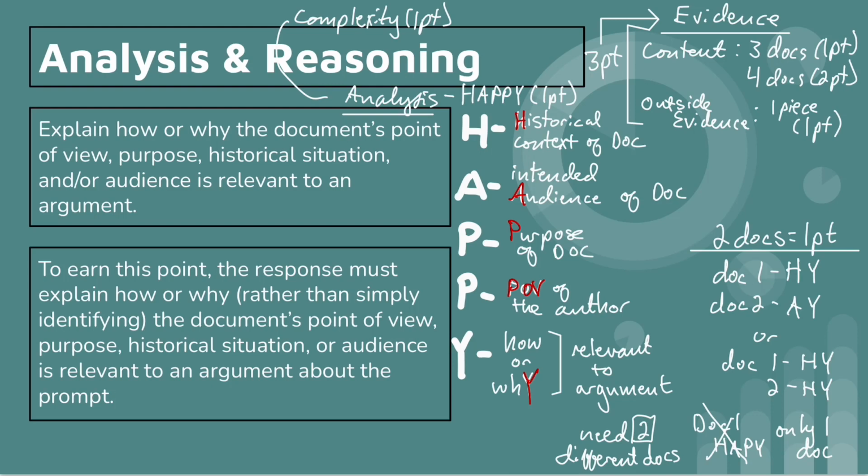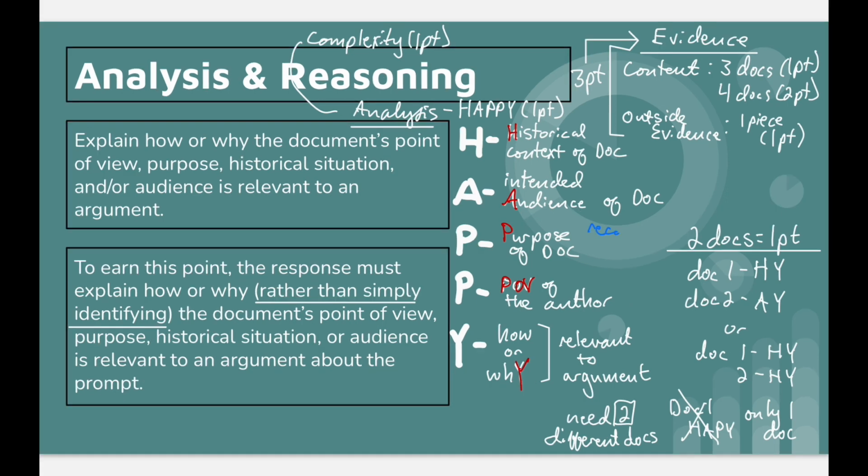So just pick which one of these is the strongest one to use, and then explain how or why it's actually relevant, okay? And you can't just identify the context or the audience or the point of view or the purpose and then leave it at that, okay? Like, let's say that, for instance, I had that journal from Christopher Columbus, and I said, the purpose of this document is to record information for history. One, that's not accurate. Okay, that would be true for any historical document.